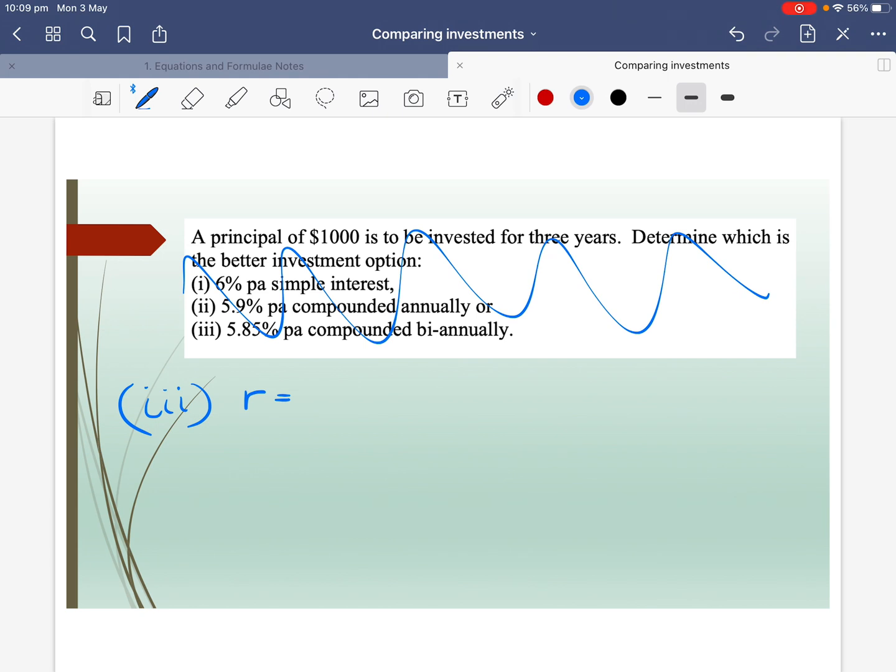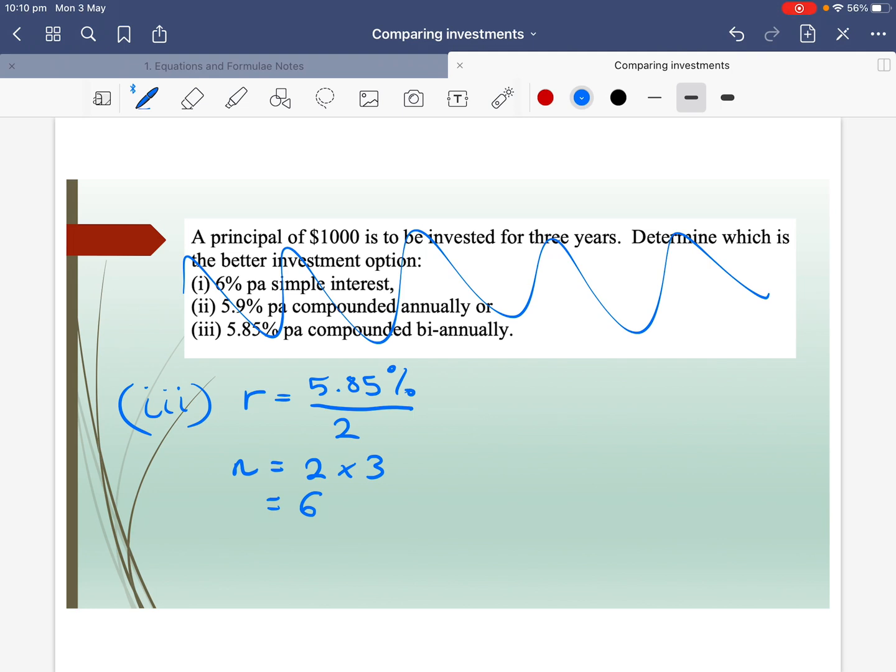So divide by 2, so 5.85 percent divided by 2, and then our N is going to be doubled, so it will be 2 times 3, which will be a total of 6 periods altogether.